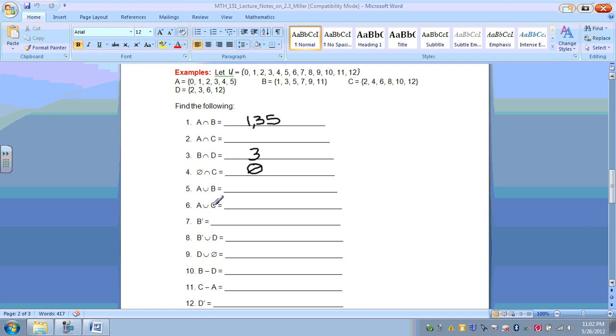Number 6, we have A union C, which means we want to join together A and C. We want to put them all together. So if we join them together, we're going to have 0, 1.